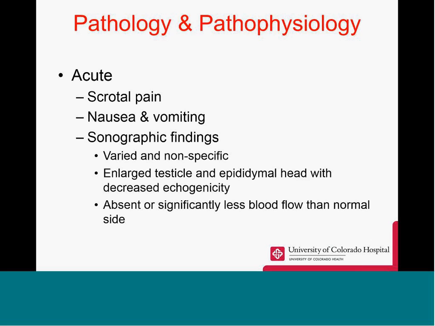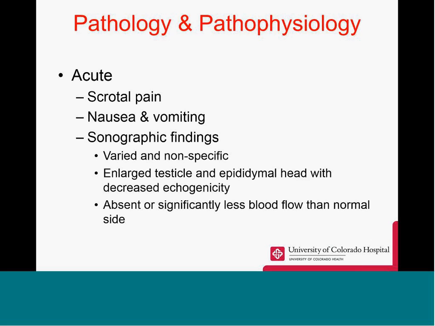The sonographic findings are varied and nonspecific. We're going to have usually an enlarged testis and epididymal head with the decreased echogenicity because of the lack of blood flow. And then absent or significantly less blood flow than the normal side is indicative of a torsion.